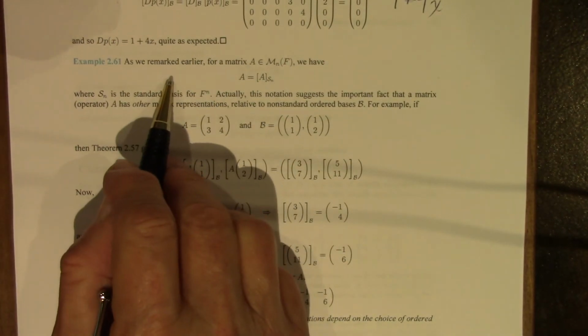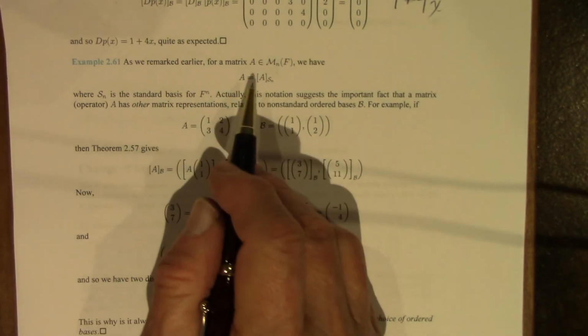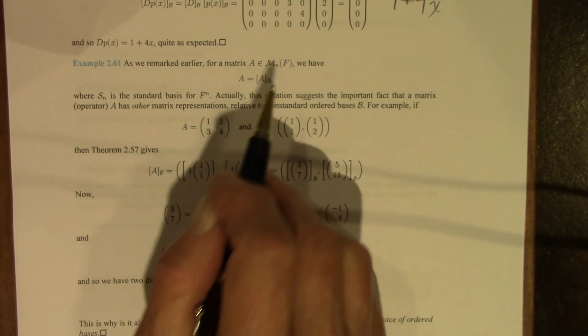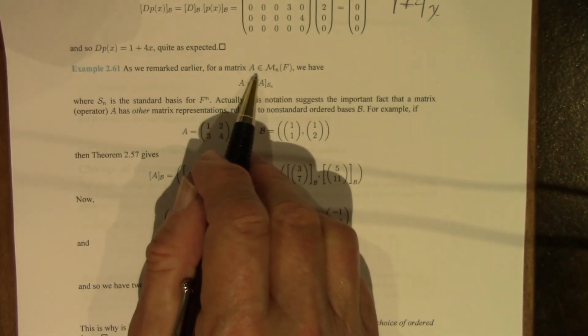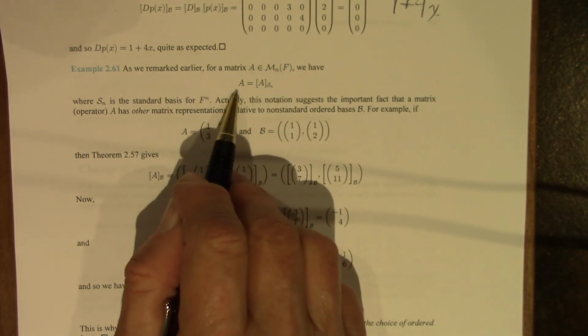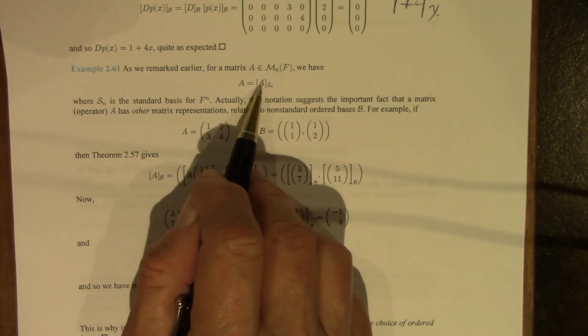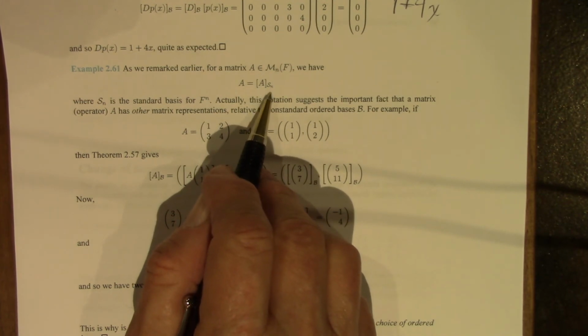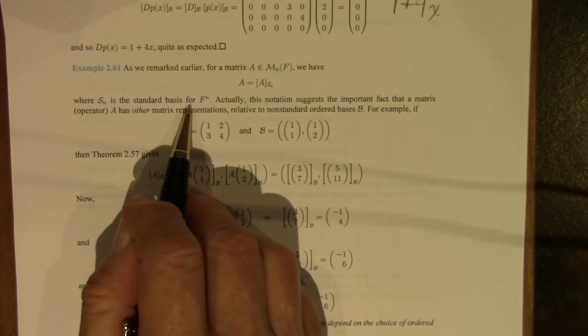Here's another example. We did remark earlier that a matrix is its own standard matrix. A equals the standard matrix of A with respect to standard basis, in other words. Okay.